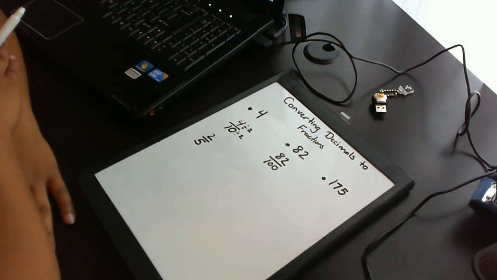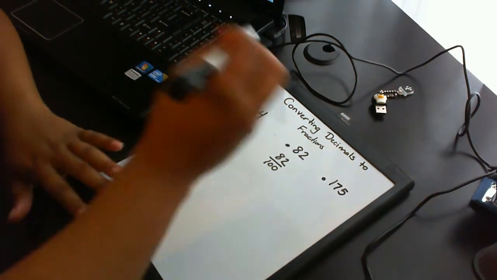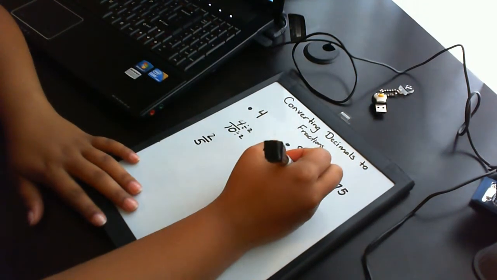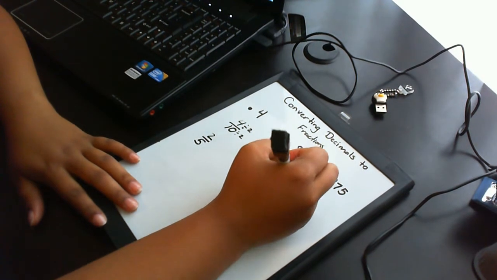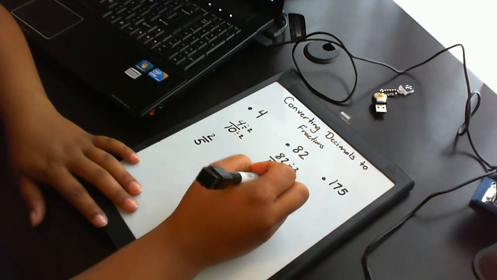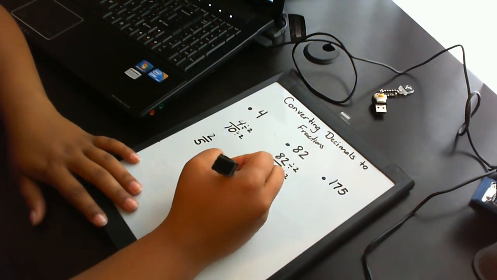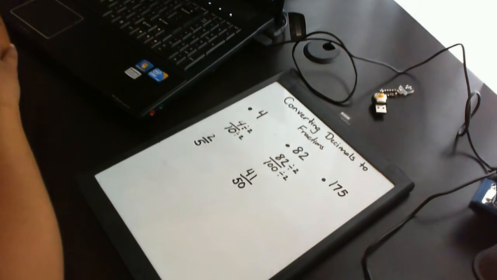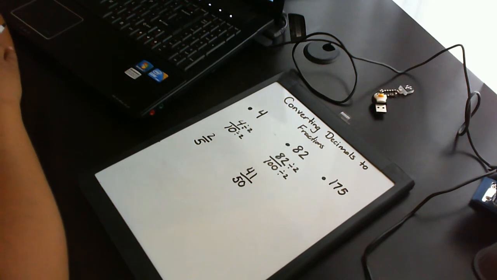So I'm going to go back to my old routine of going to 2. Dividing by 2 sometimes gives you a number that you want, and sometimes it does not. So now I get 41/50.